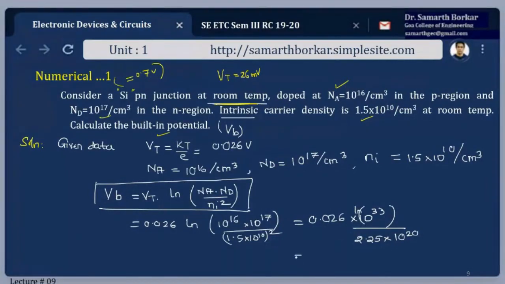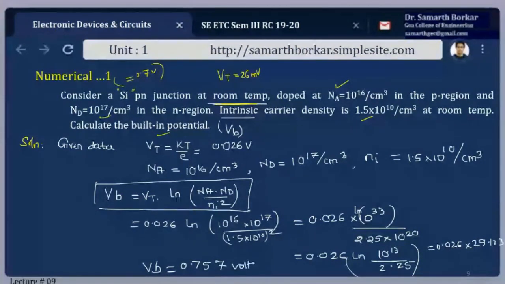So this is 0.026 natural log of 10 to the power 13 divided by 2.25. If you solve this, 0.026 into this comes out to be 29.123. So the answer is VB is 0.757 volts at room temperature.